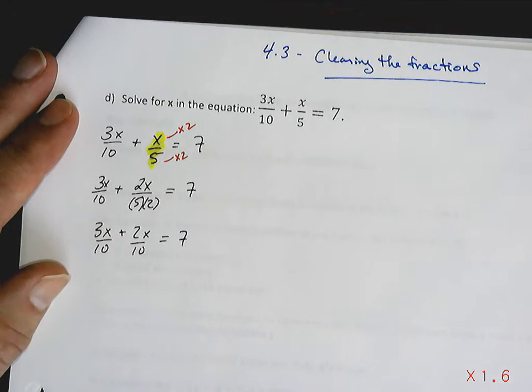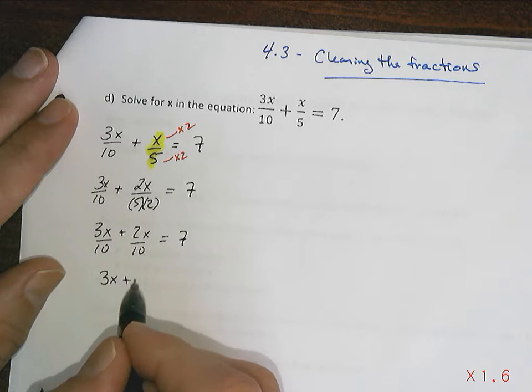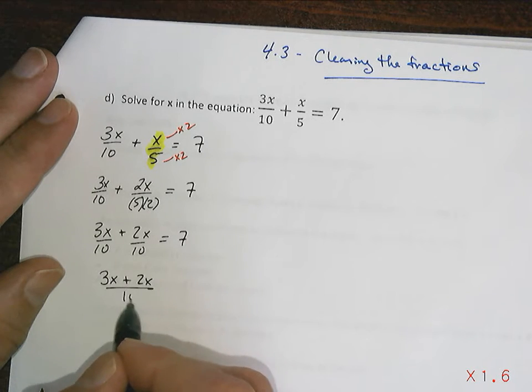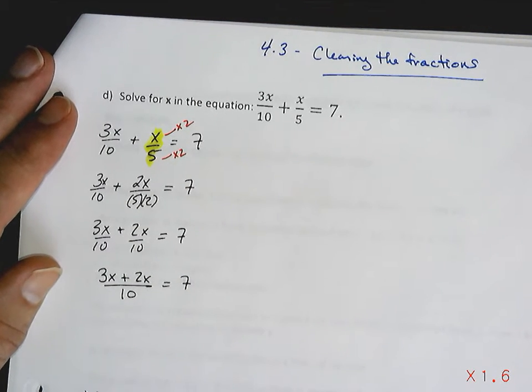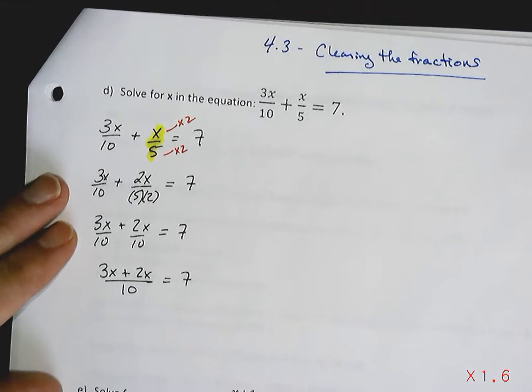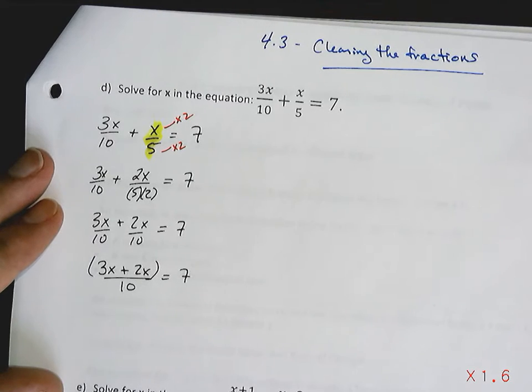Now, since they have the same denominator, you can rewrite this as 3x plus 2x all over 10. Then it's a question like we've kind of seen before. What I would do for this question, though, to be honest with you, is put brackets around the top, so I know that the top's all one thing.